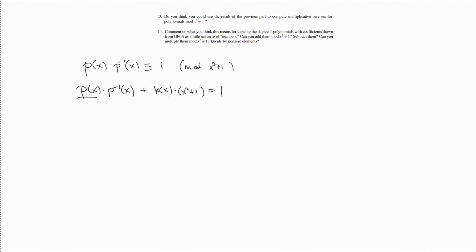Now, if p of x and x squared plus 1 don't share any common factors, then we may apply the extended Euclidean algorithm that we developed in the previous part to compute the two polynomials p inverse and k. Thus, p inverse of x is found by EGCD.